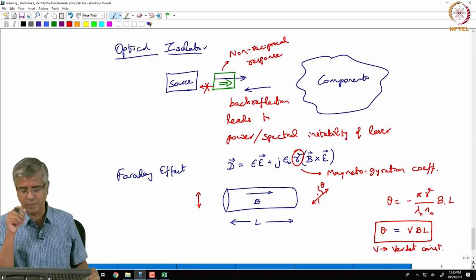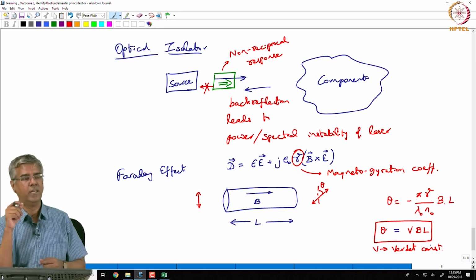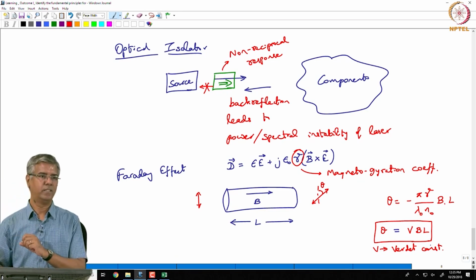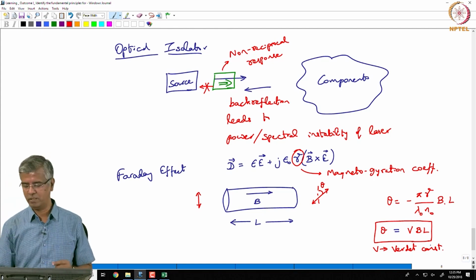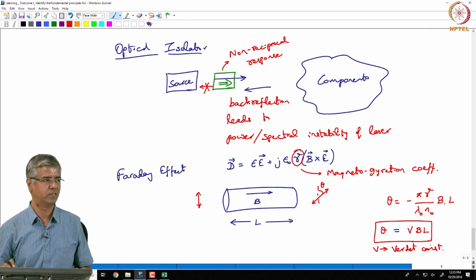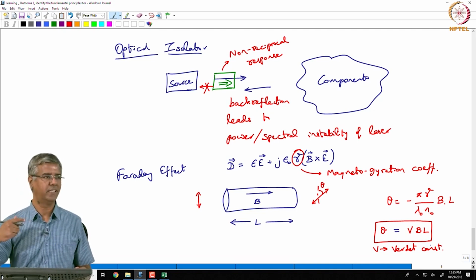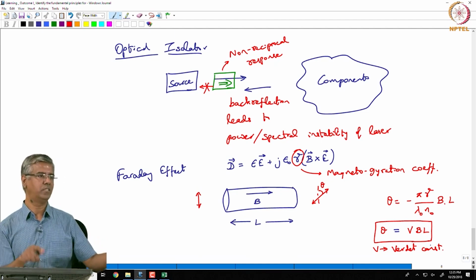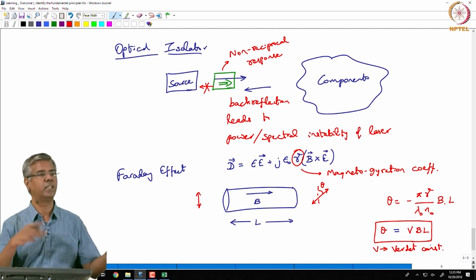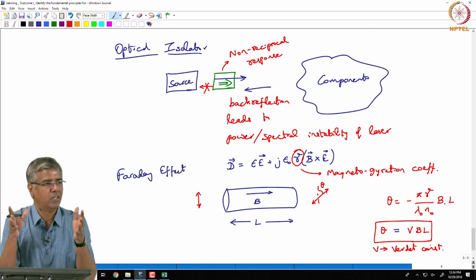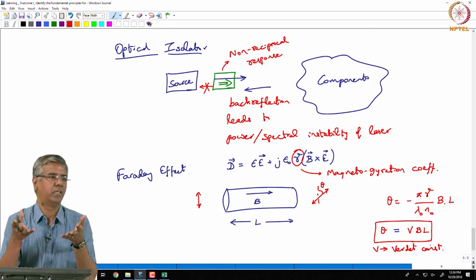But in a half-wave plate, if you had done this rotation and you flip the input and output, or rather you come back with this polarization as the input, coming in with angle theta from the right side, it would have gone back to the linear polarization. In other words, the half-wave plate would have been completely reciprocal in nature.